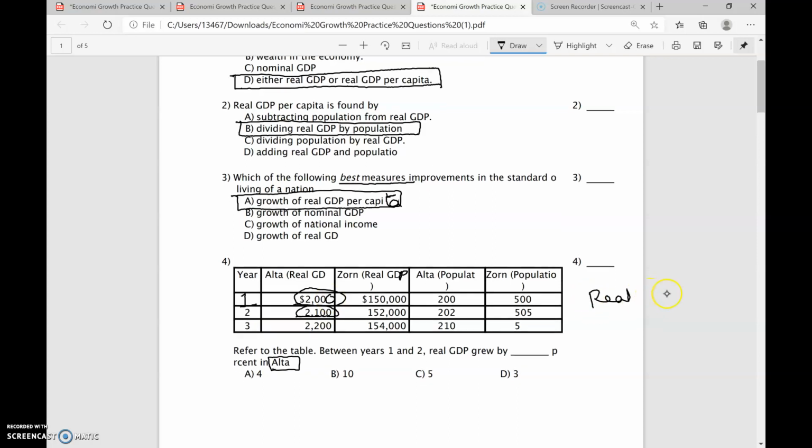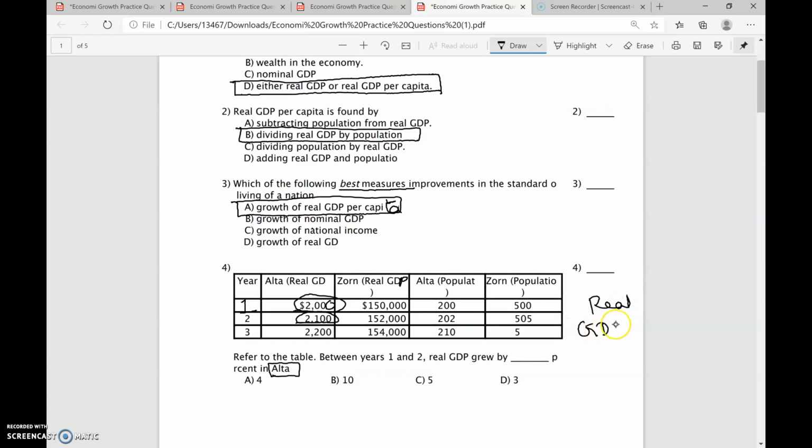So the real GDP increase is going to be equal to 2100 minus 2000, over 2000. The whole thing is going to be multiplied times 100. So if you do the math here, the answer to this one will be 5%.